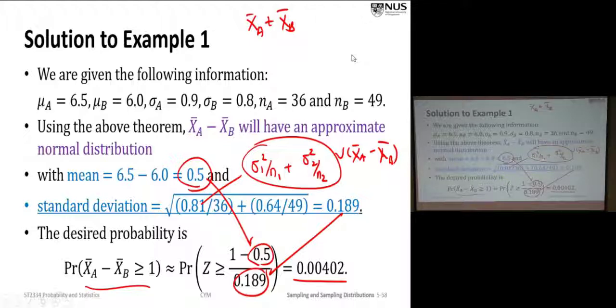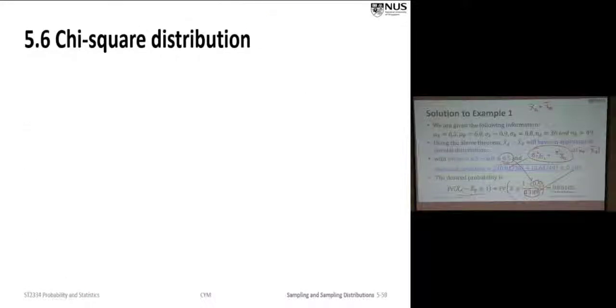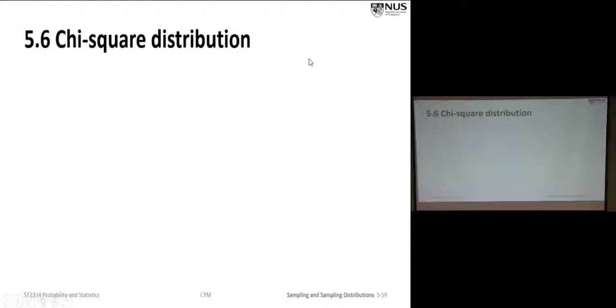Now we move on to talk about other sampling distributions. But before we talk about the sampling distribution itself, we introduce some new distributions, new in the sense that we have not discussed them so far. The first one is something called a chi-square distribution.